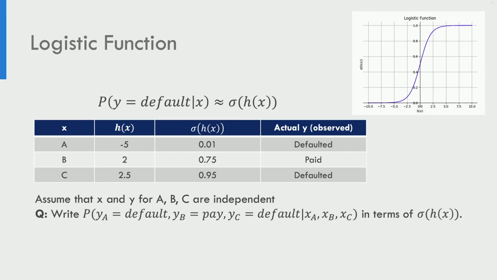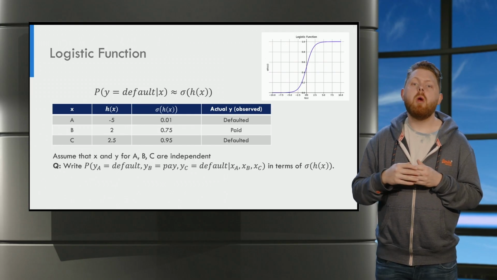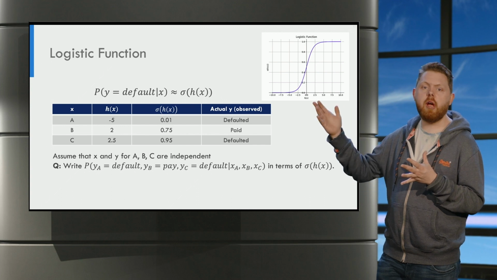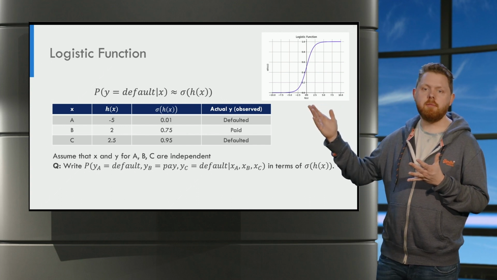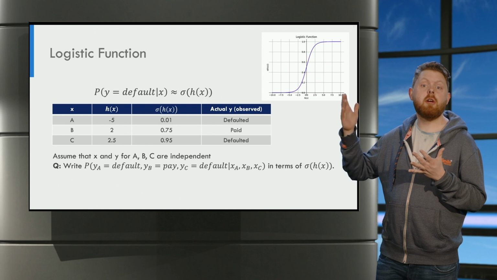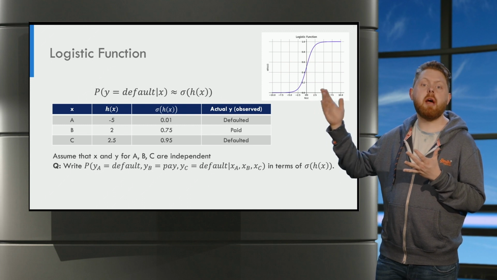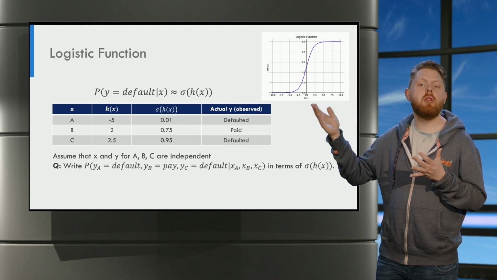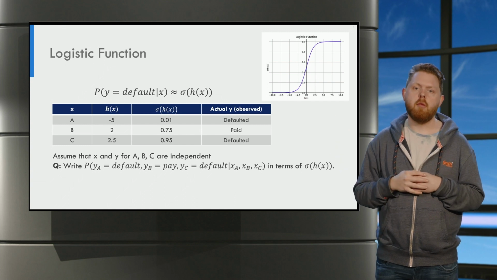To come to the cost function of logistic regression, let us look at an example. In this example, we have 3 persons, A, B, and C. We have the output of our linear model and the corresponding probabilities. These are the posterior probabilities estimated by us of these people defaulting on their loan.